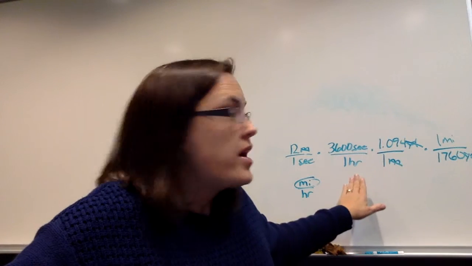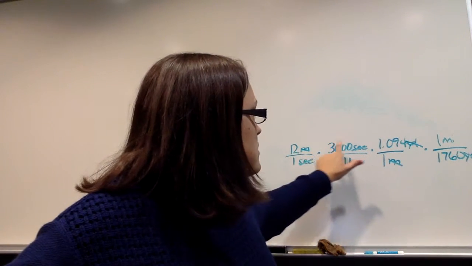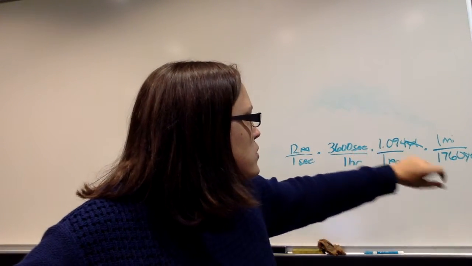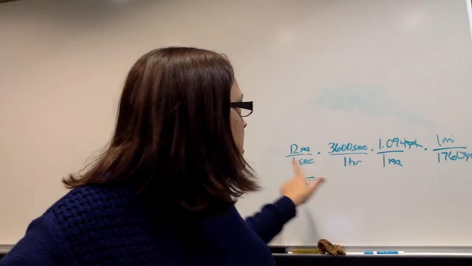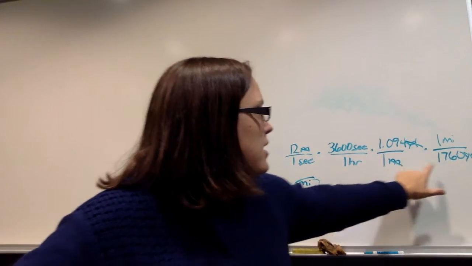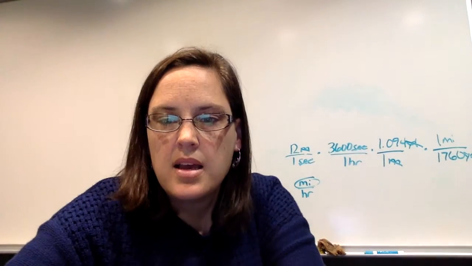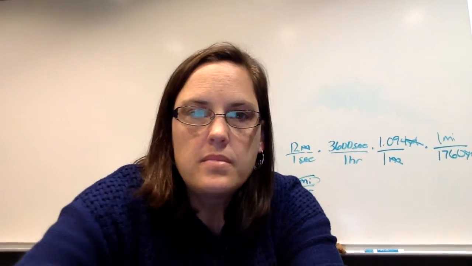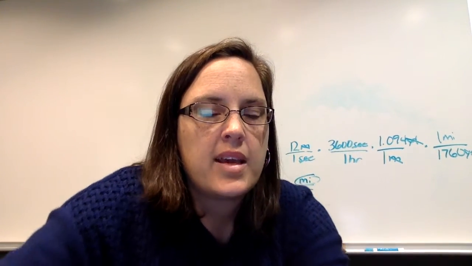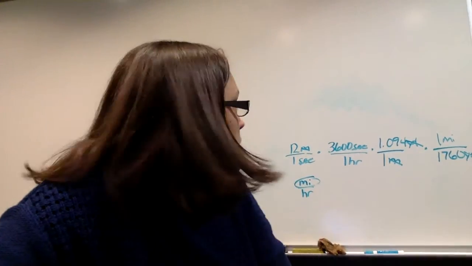If we go ahead and simplify all that, 12 times 3,600 times 1.094 times 1, and then all of that divided by 1,760. You can go ahead and figure that out while I get my calculator up and do it with you here.